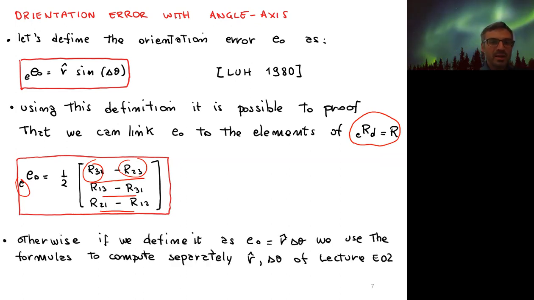Otherwise, as I said, we could define the orientation error in this way, just multiplying the delta theta times the axis direction. And we use the formula that we explained in lecture E02 to compute separately the axis of rotation and the scalar delta theta. And in the lab, I will use this expression tomorrow.